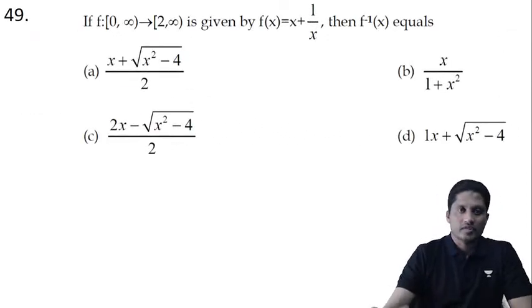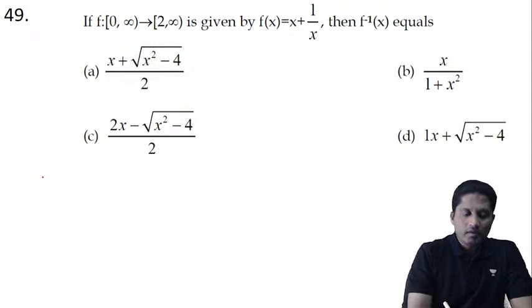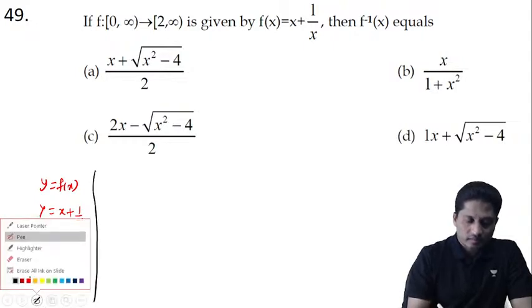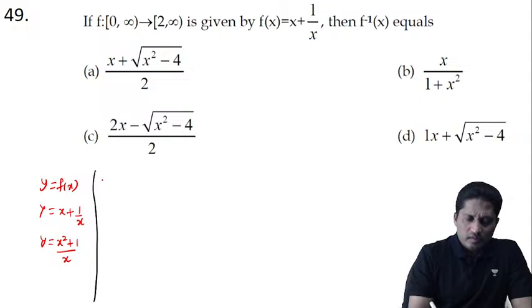Okay, now what will be the inverse of this function? You take y is equal to f of x. y is equal to f of x will be equal to x plus 1 by x, right? Now y is equal to, if I cross multiply, you get x square plus 1 whole divided by x. Now if I cross multiply, you get x square plus 1 is equal to x into y.